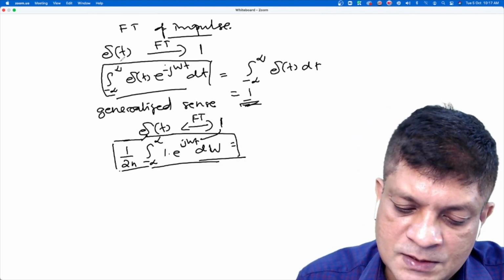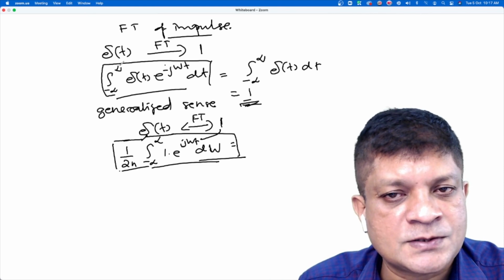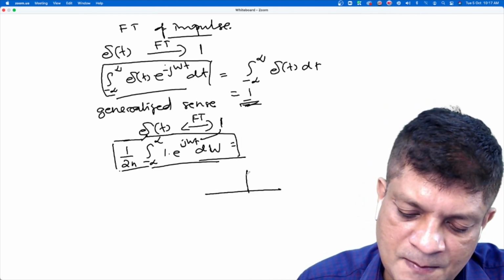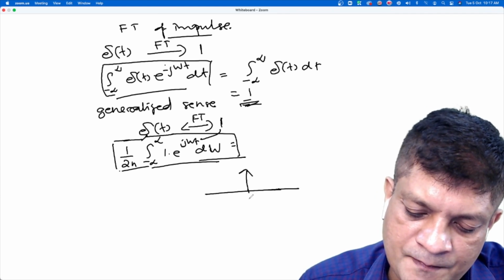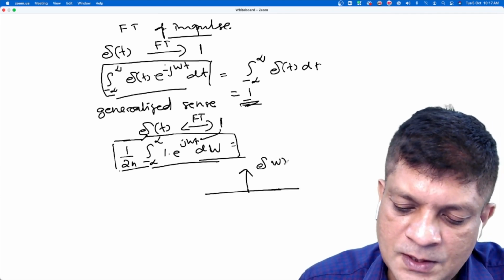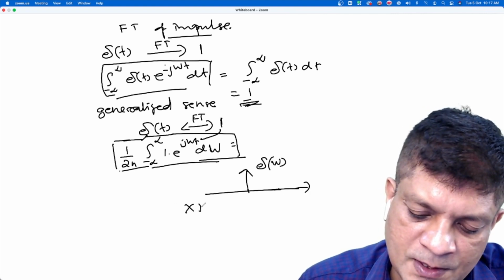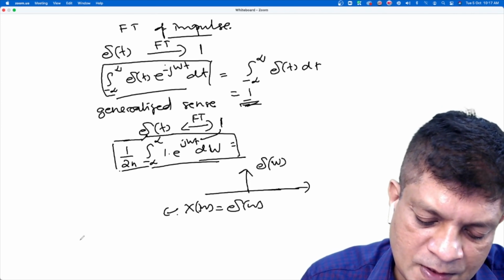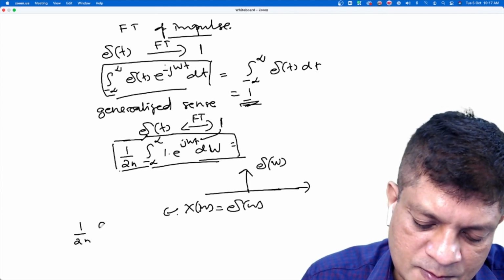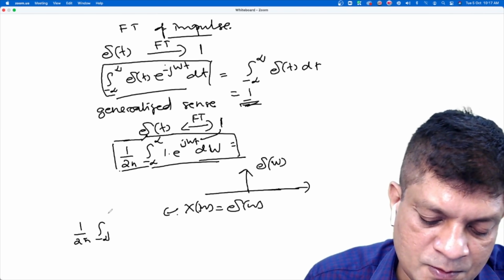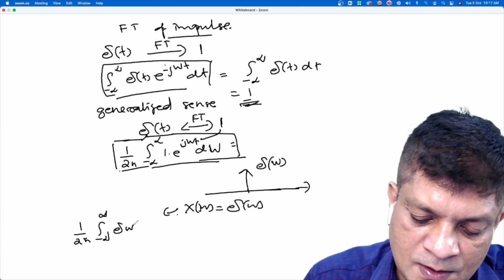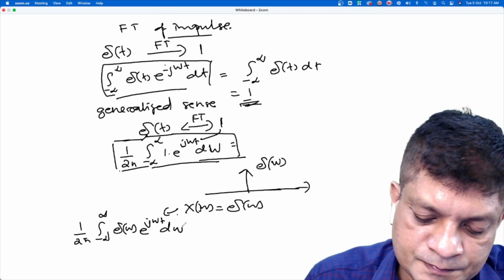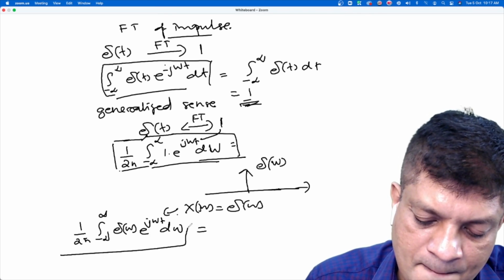Similarly, this is a delta function in the time domain, and in the frequency domain, let's say we consider delta omega. X of j omega is equal to delta omega. Okay, so the inverse Fourier transform we can find. Inverse Fourier transform is 1 upon 2 pi, integral from minus infinity to infinity of delta omega e to the power j omega t d omega. What is that integral?